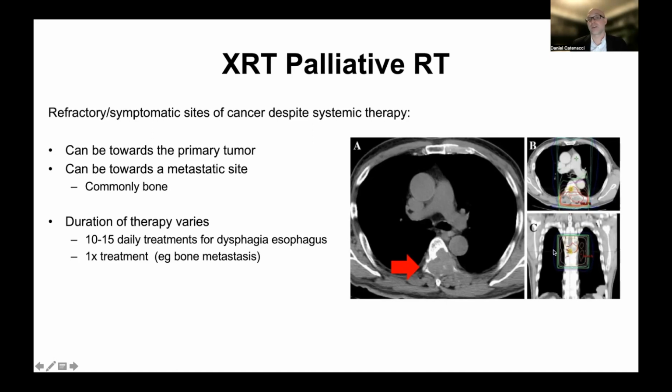The other thing to note is that the field here is a lot smaller when you're palliating a very specific site compared to the previous planning of a curative intent setting, where it has to include not only the primary tumor, but also regional lymph nodes nearby to which the cancer could spread. So the curative intent window around the primary tumor is a larger field compared to typically the palliative treatments that will be considered.